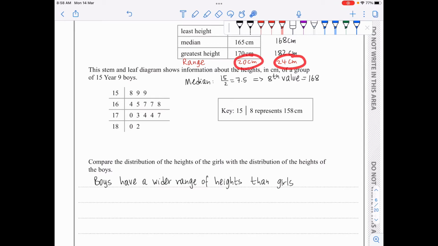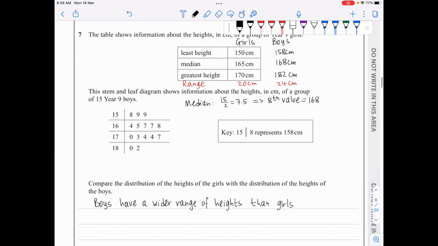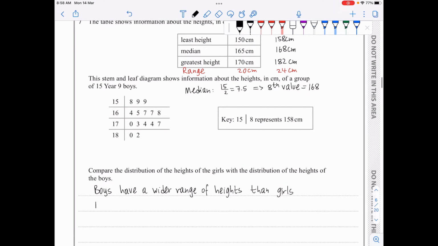It's the 20 and the 24. And I could say then that the median height for boys is greater than girls.